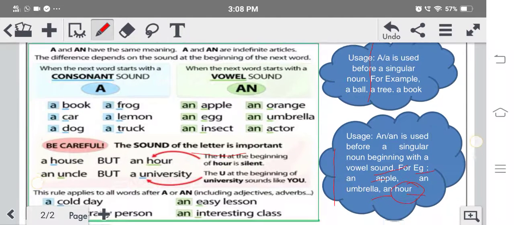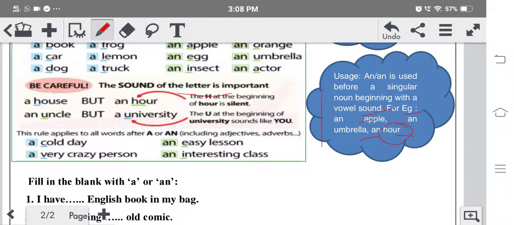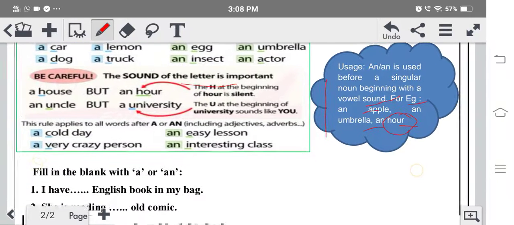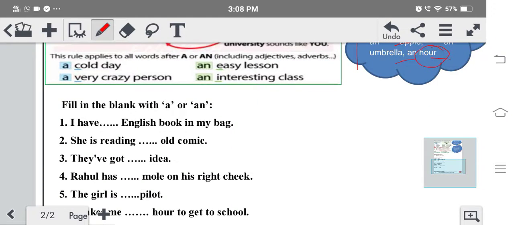Right? Now you have certain blanks that you need to fill with a and an. Fill in the blanks with a or an. This is, I think, pretty much simple. I have dash English book in my bag.